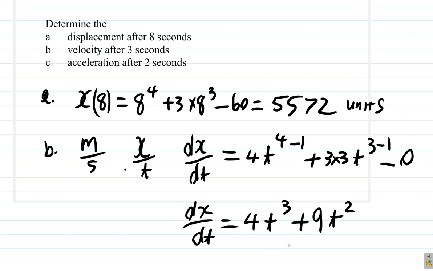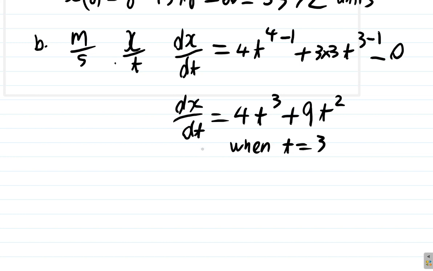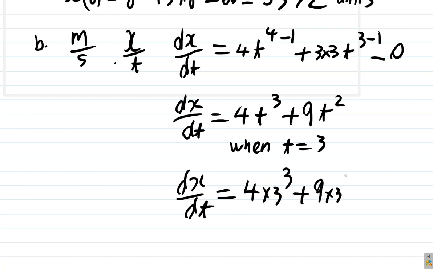After 3 seconds now, that means when t is equal to 3. Remember, this is the velocity, which is speed in a specified direction. The velocity dx by dt after 3 seconds is going to be 4 times 3 cubed plus 9 times 3 squared.